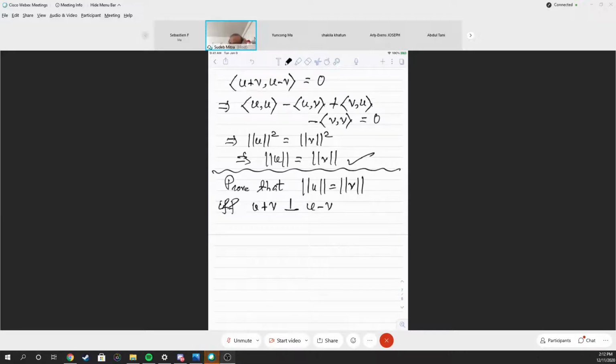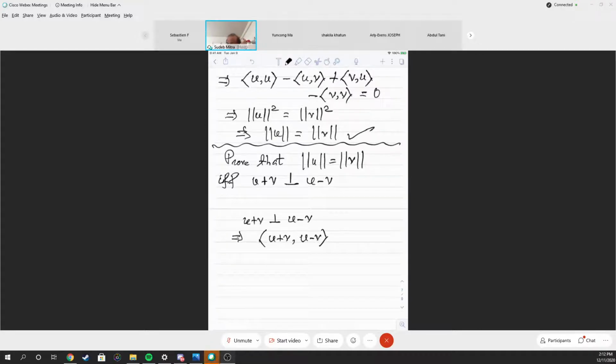So let's do it this way. Suppose U plus V is perpendicular to U minus V. Implies inner product U plus V, U minus V. So first let us calculate the inner product.